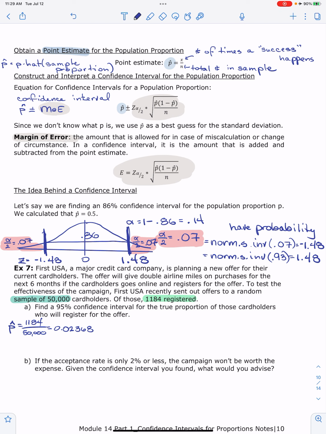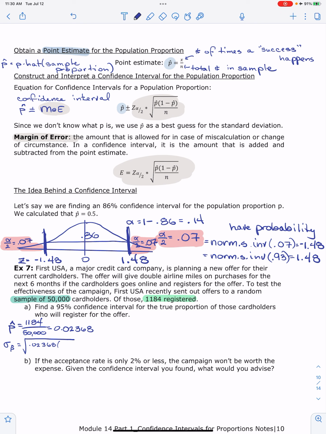Now, because we want a confidence interval, I know up here in that gray, I need to find the standard deviation. So the standard deviation, sigma sub p hat, is going to be that 0.02368.